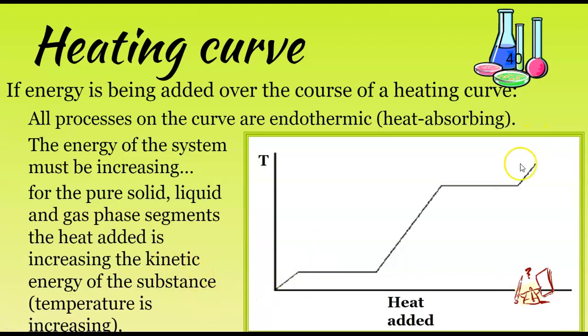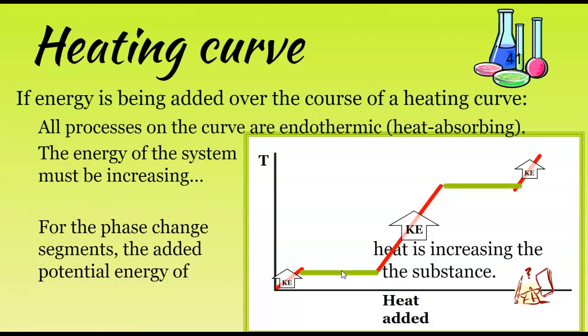For pure solids, liquids, gases, the heat added is increasing that kinetic energy. Because I'm adding heat, I'm increasing the movement. Anytime I add heat, I'm messing with the movement. So my kinetic energy is going up. But what about these flat lines? Remember, you have two types of energy. You've got kinetic and potential.